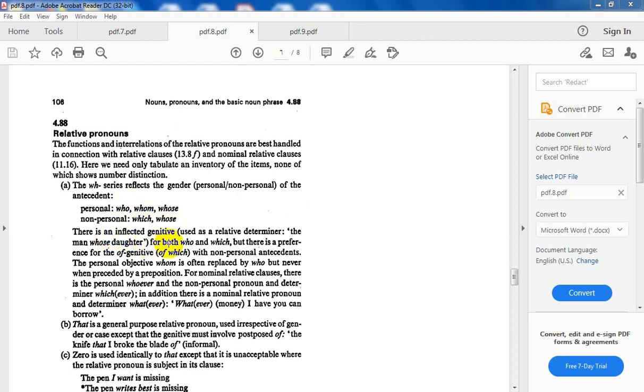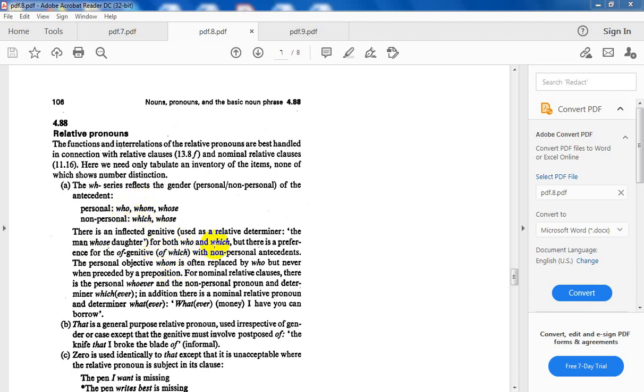There is an inflected genitive when the relative is a determiner: the man whose. يعني whose is the genitive case of who. وطبعا whom is the objective case, and who is the subjective case.